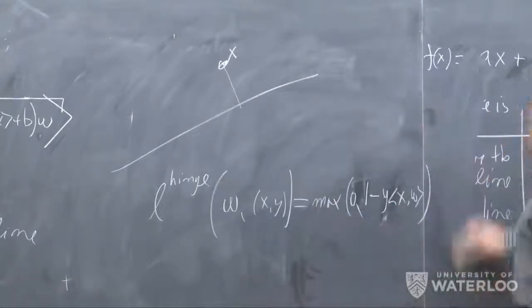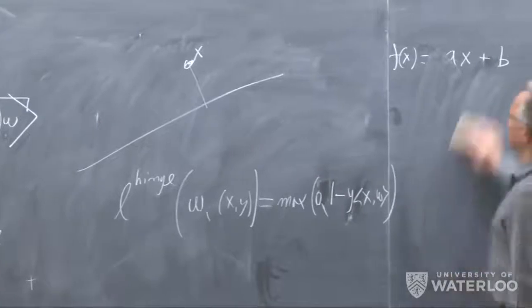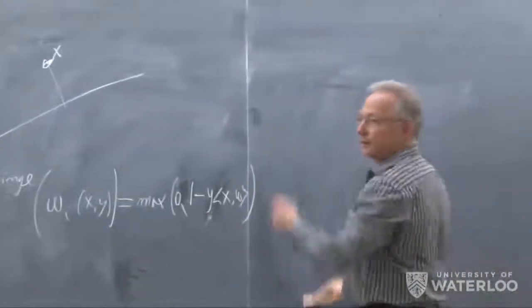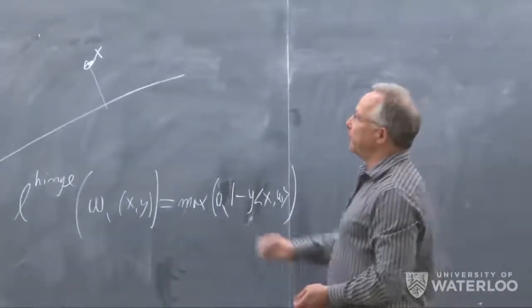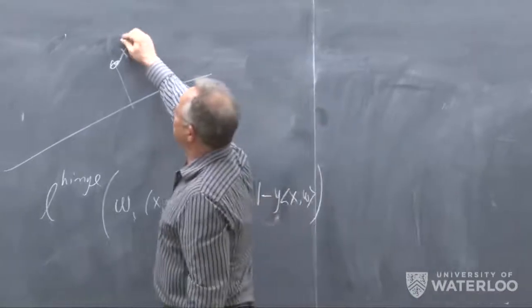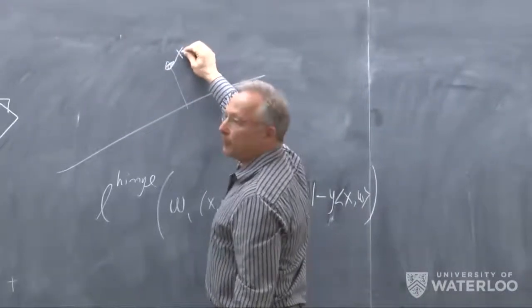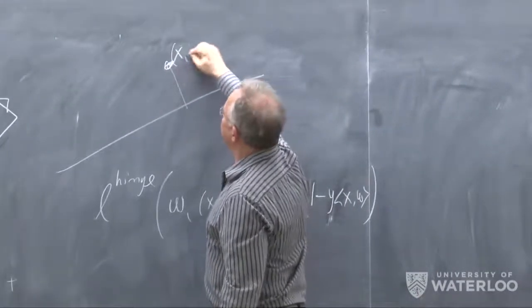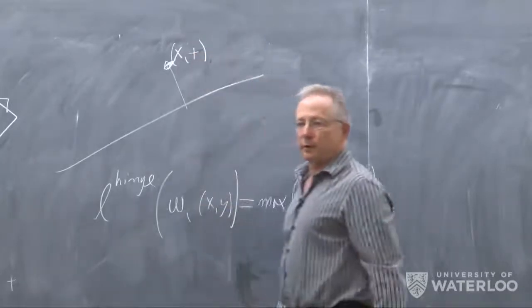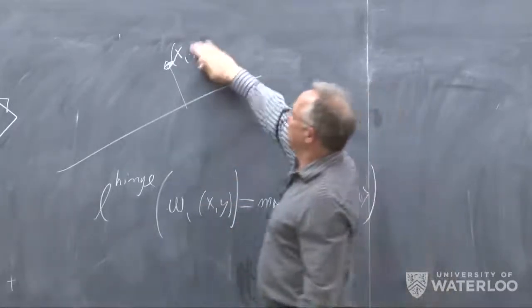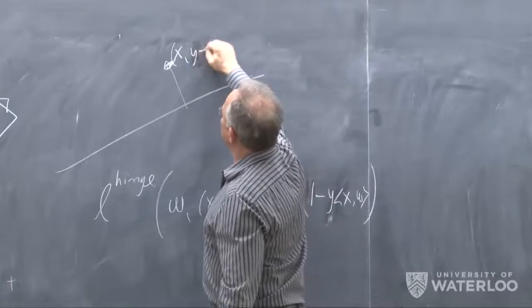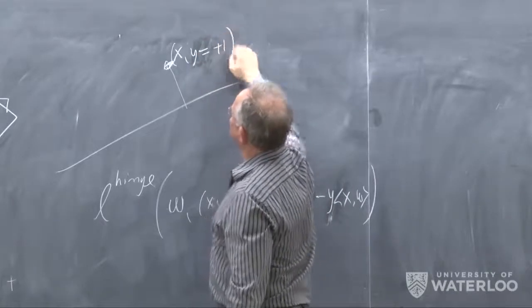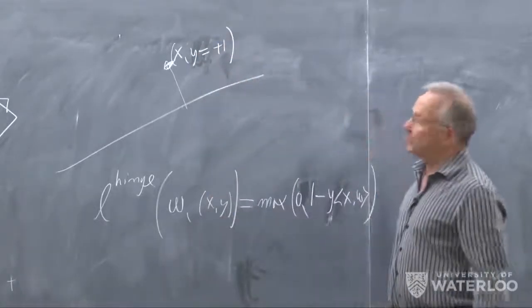Now, if we go back here, notice what will be the hinge loss if I have here a point, some point X, and its label is plus. What is going to be my loss? So Y equals plus 1. What is going to be my loss on this point?